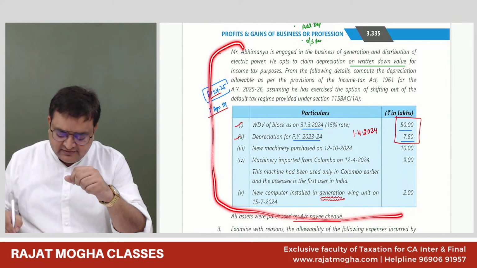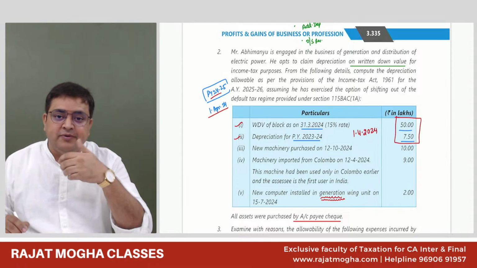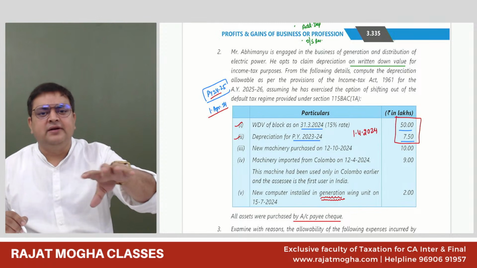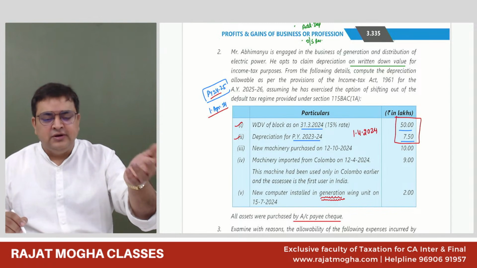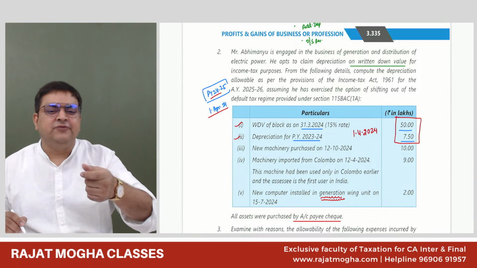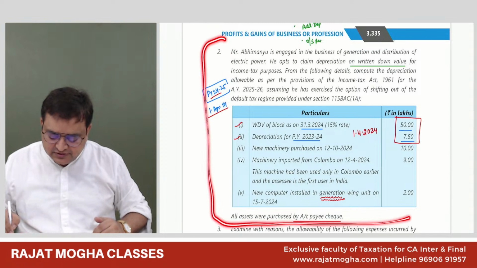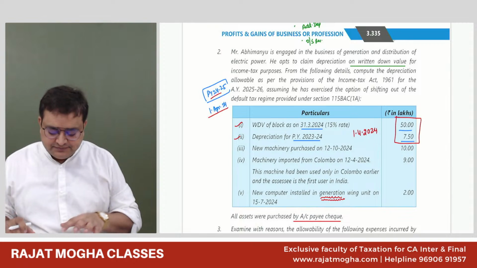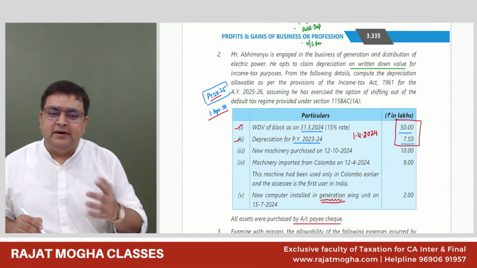It could be related to presumptive income, depreciation, or one particular segment. It could be related to section 35 scientific research also. So sometimes they give a specific small question of 4 marks or so. If this question comes, it would be around 4 to 5 marks, not more than that. Although I'm taking time to explain it to you, this question should be done in not more than 7 to 8 minutes.